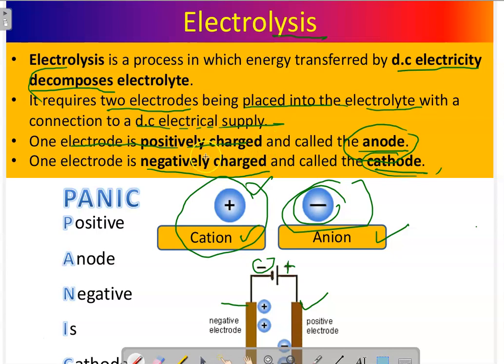Now, one of the electrodes is positively charged and is called the anode, and the other one is negatively charged and is called the cathode. Again, an ionic compound contains two ions, positive and negative. The positive ion is called a cation and the negative ion is called an anion. Now, we remember this using the acronym PANIC.